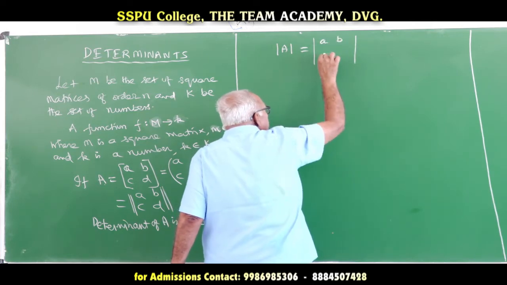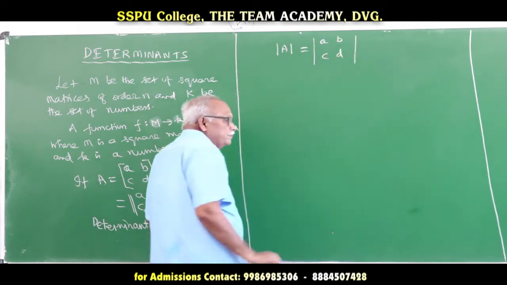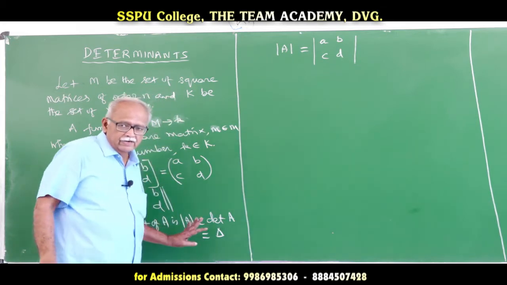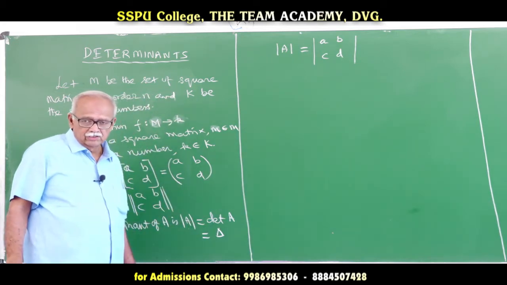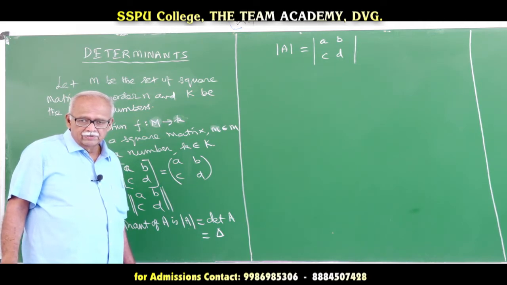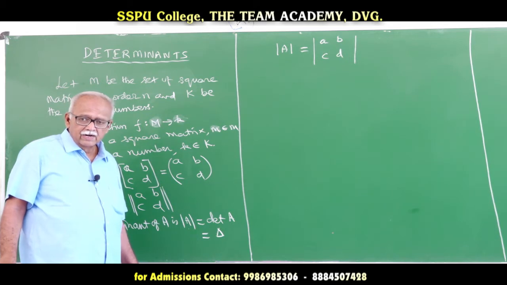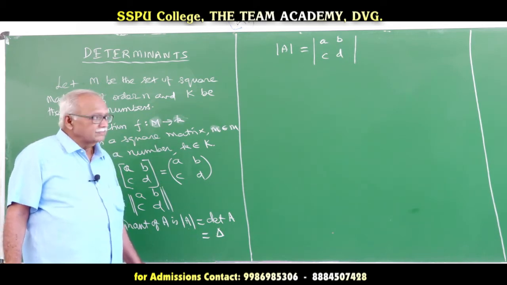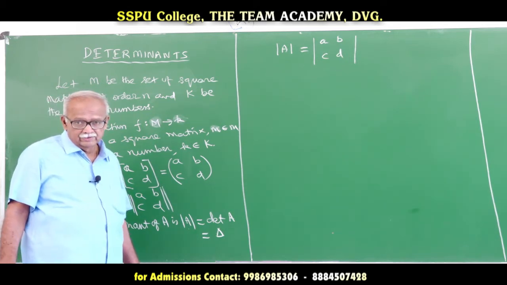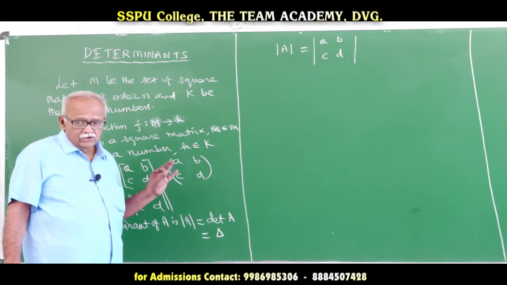So, the matrix and determinant are different. Determinants are related to a real number, whereas matrices are arrays. Determinants are not vectors. A determinant has a unique number.